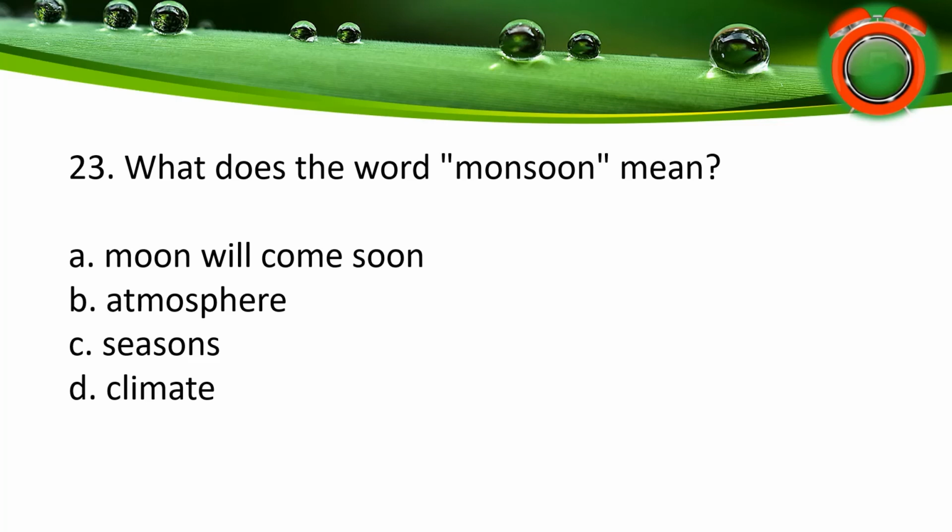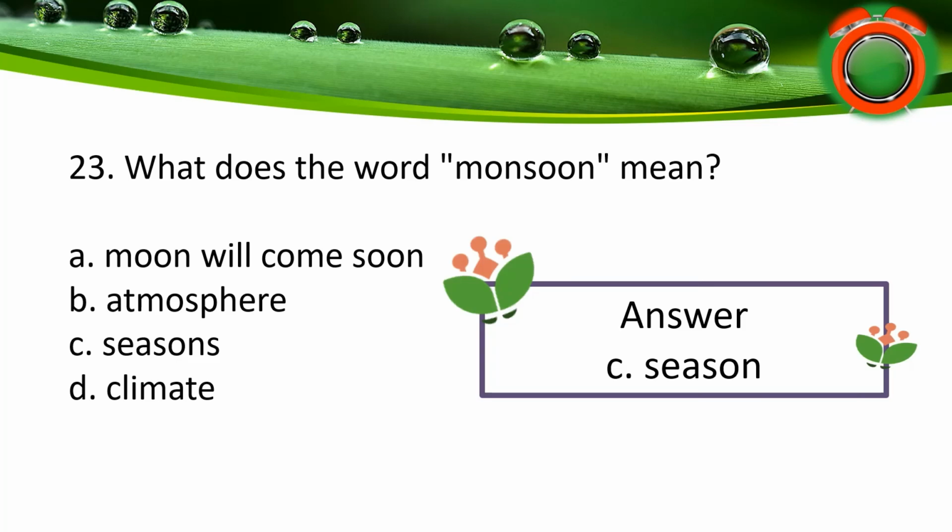A. Moon will come soon. B. Atmosphere. C. Seasons. D. Climate. The correct answer is C. Season.